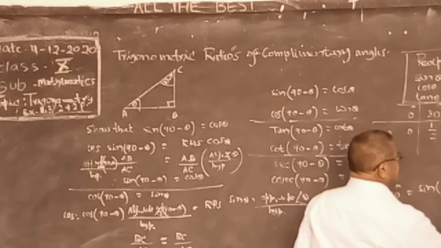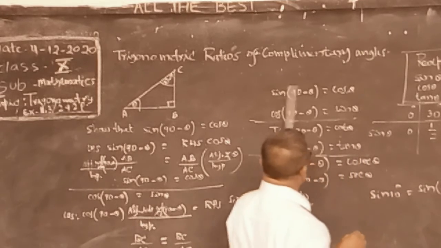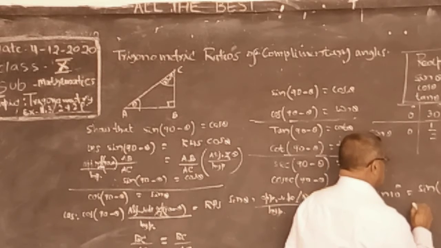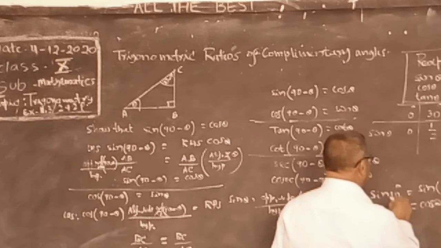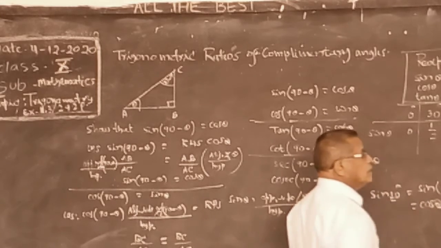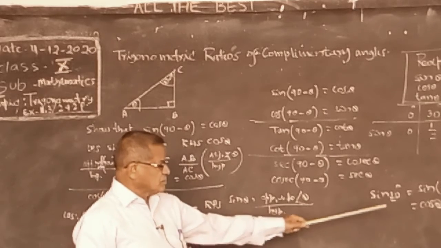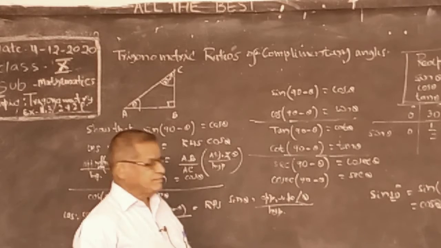According to the formula, here 80 is theta. Sin 90 minus theta is cos theta, theta is 80 degrees, so this is cos 80 degrees. And the sum of the two angles will always be complementary. For sin and cos, the total angle will be 90.